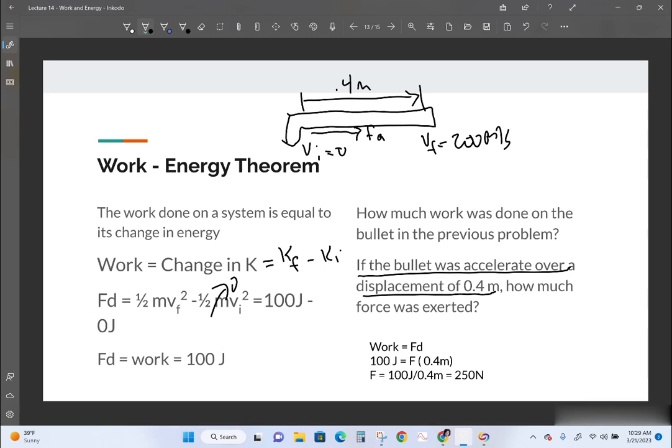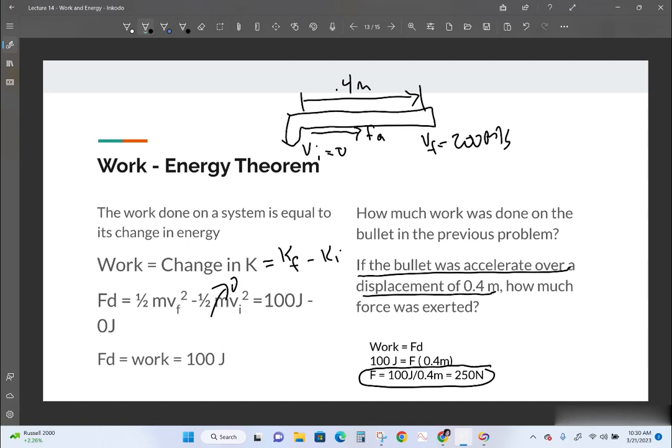If we plug in 1/2 of 0.005 times 200 meters per second squared, we get 100 joules. And that is going to be equal to the work done on it, which is F times D. So if we plug in 100 joules equals F times 0.4 meters, we would find that we had to apply an average force of 250 newtons to it.